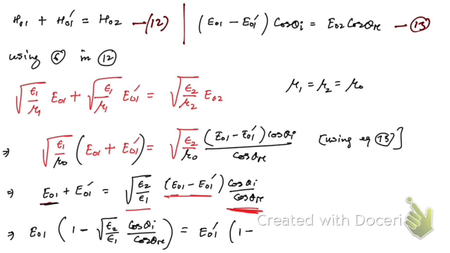If you take the minus sign common, then it can be plus root over epsilon 2 by epsilon 1 cos theta I by cos theta r. Let me copy this equation and go to the new slide.